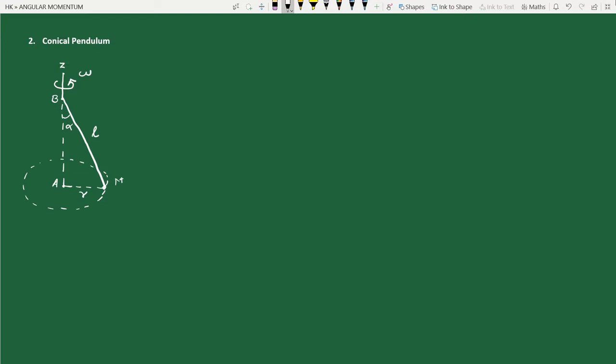Now, in the previous problem we have calculated the angular momentum of this conical pendulum about both A and B. First we calculated angular momentum about the point A, and then about the point B also.